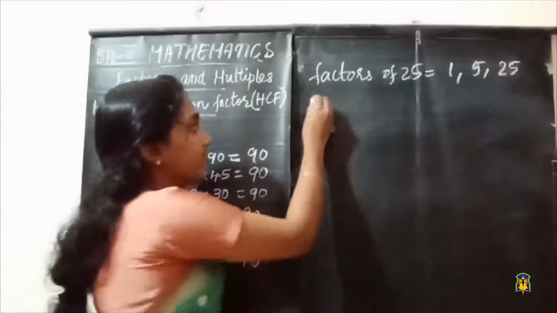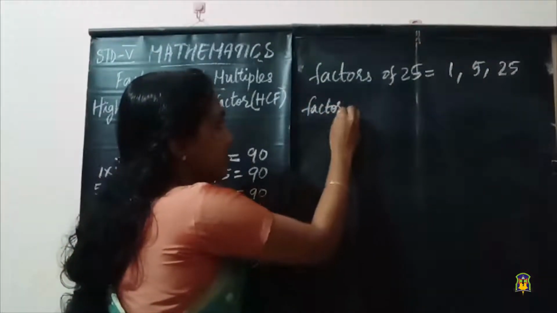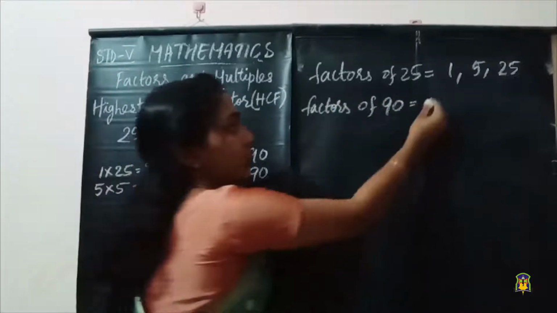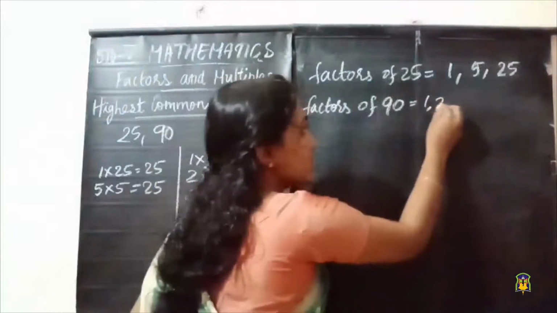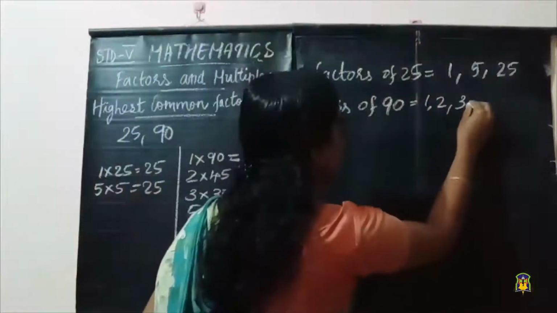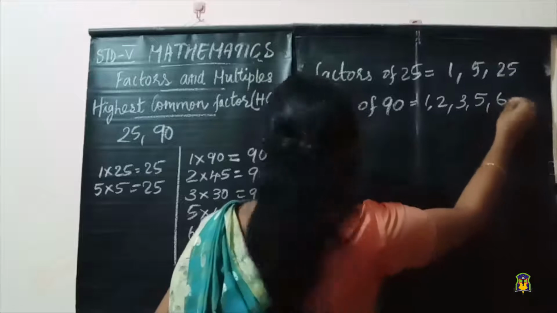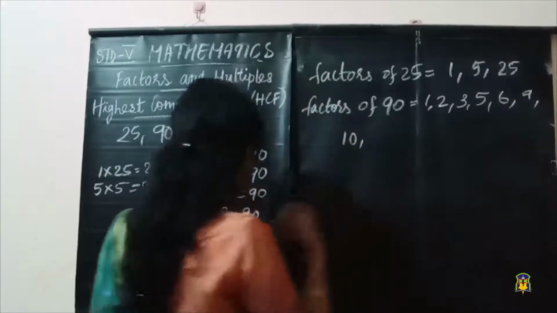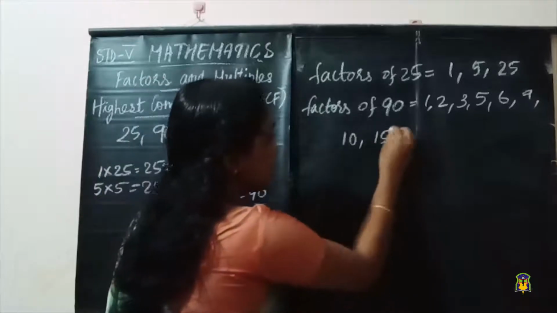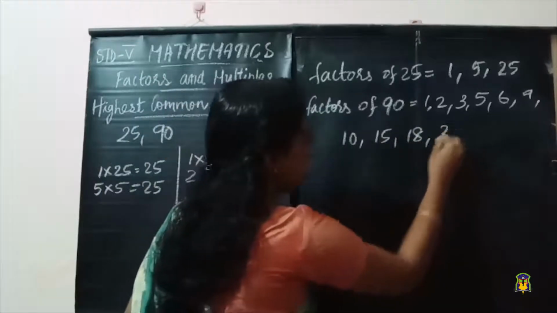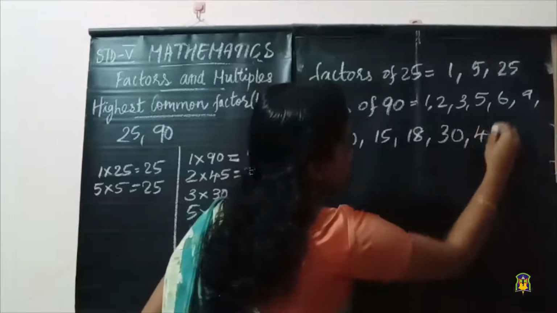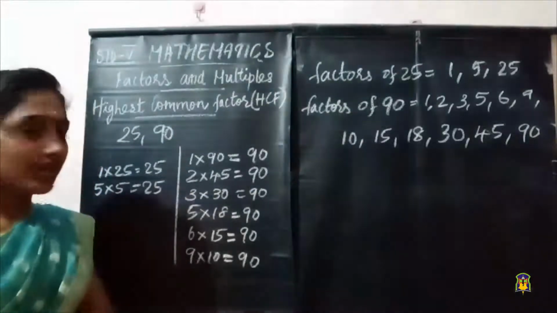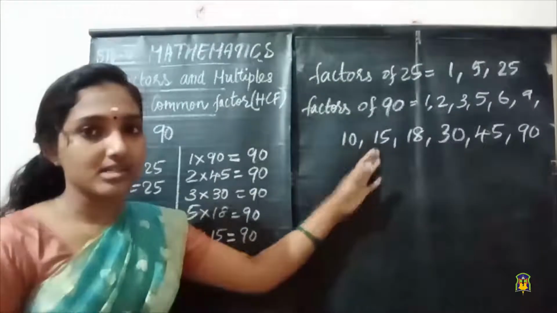So the factors of 90 are 1, 2, 3, 5, 6, 9, 10, 15, 18, 30, 45 and 90.